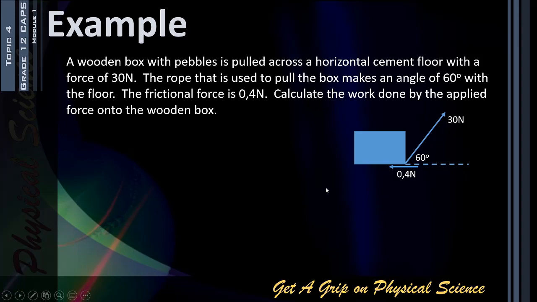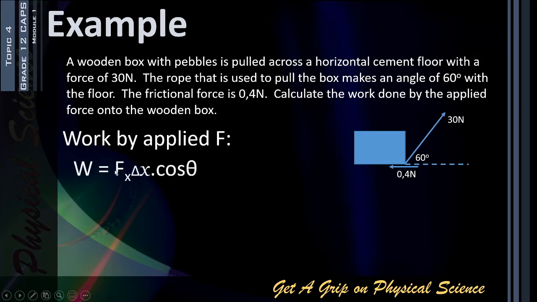So if we have to calculate the work done by the applied force, the first step would be to calculate the horizontal component of the applied force. In the diagram you can see that we will calculate the adjacent side of the triangle, therefore we will use the cos of 60 degrees.